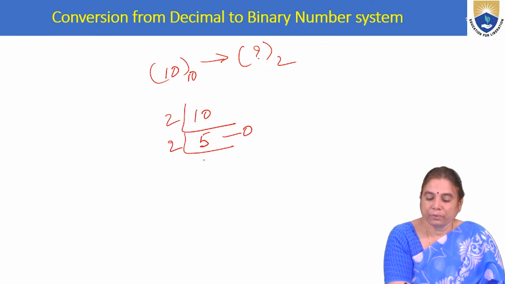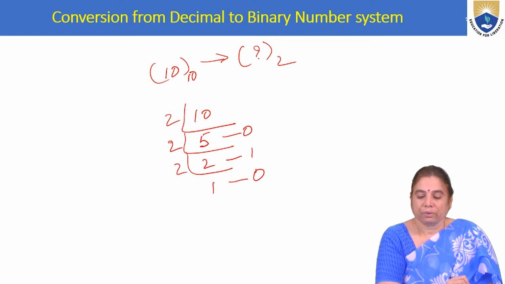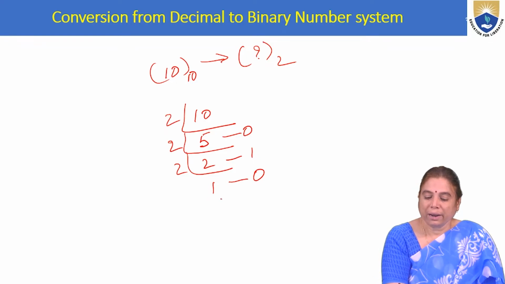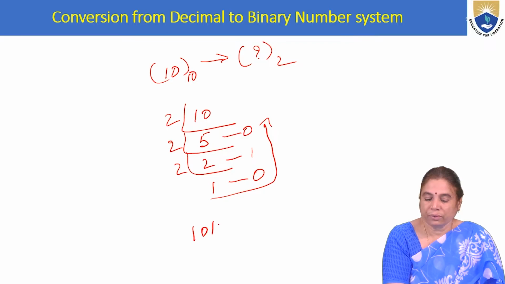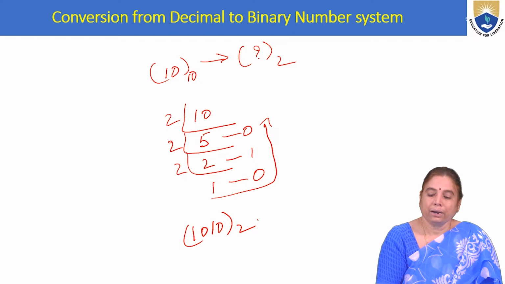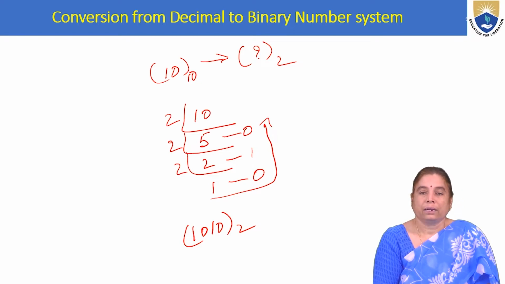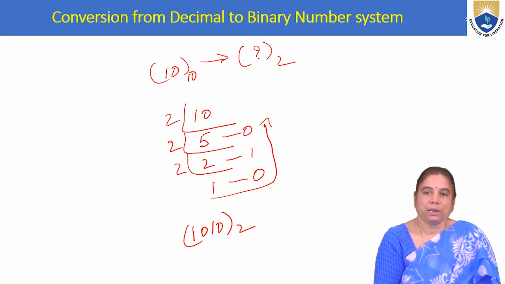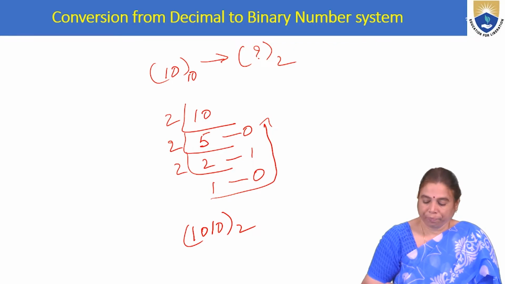This process has to be continued until the number is not further divisible, writing the remainders in a bottom to top fashion. 1010 is the binary equivalent of the number 10. In this way, the decimal to binary conversion takes place.